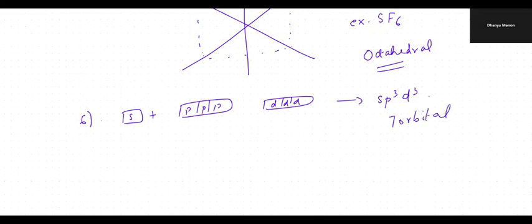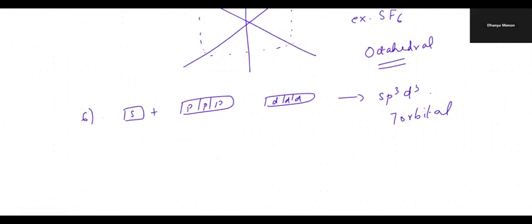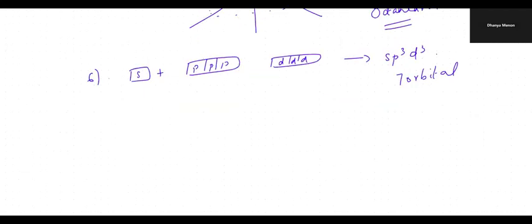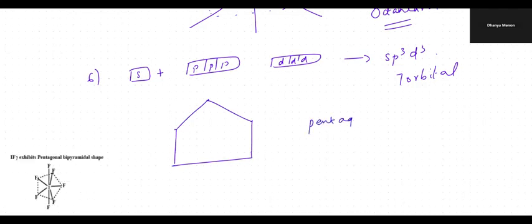And we get pentagonal bipyramidal. This is pentagonal, a pentagon, right? Pentagonal bipyramidal.